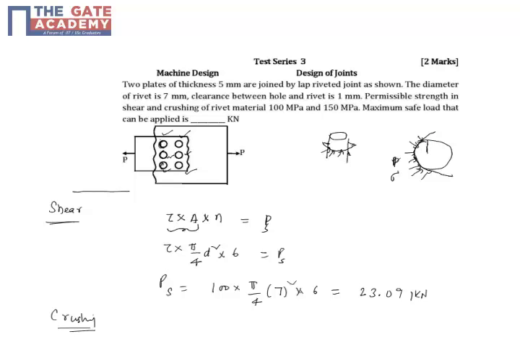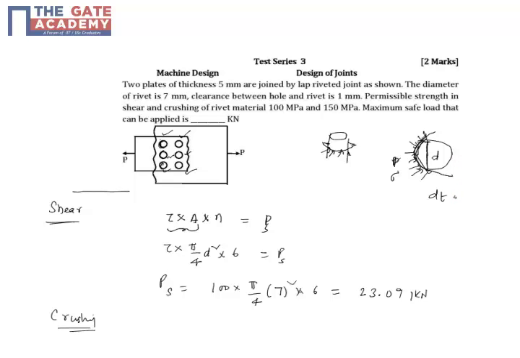If you resolve it, this is diameter d, into the thickness t. The net resultant load because of this semicircular distribution of load will be the projected area of this semicircle. The projected area will be a rectangle of width d on the top, acting throughout the thickness. So d into t is the projected area.